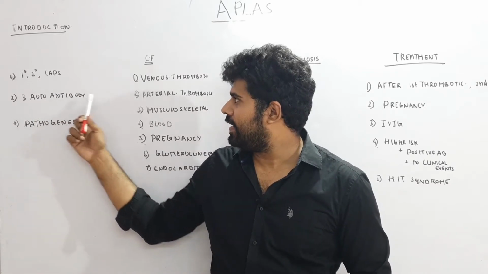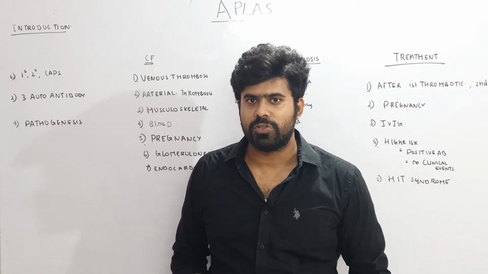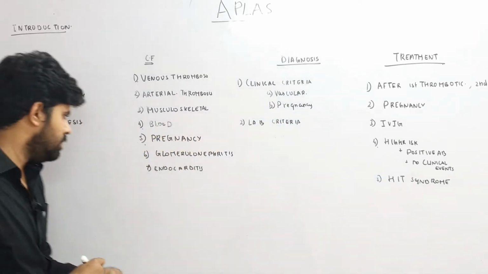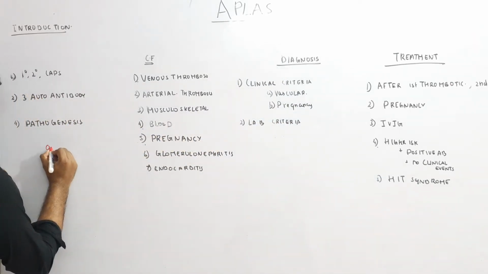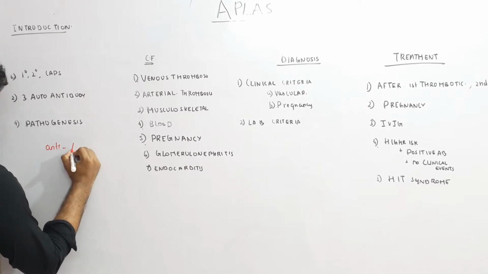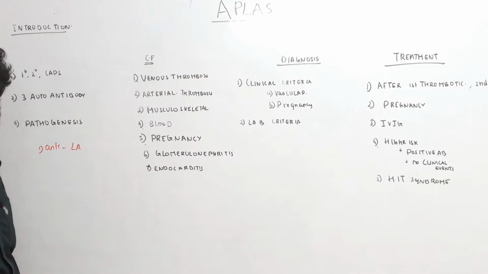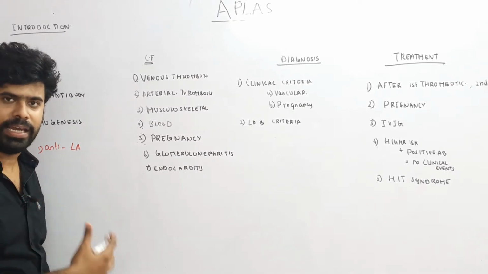So what are the 3 antibodies that are seen in antiphospholipid antibody syndrome? The 3 basic antibodies are, first, the antibody against the lupus anticoagulant. This lupus anticoagulant cannot be directly found out.